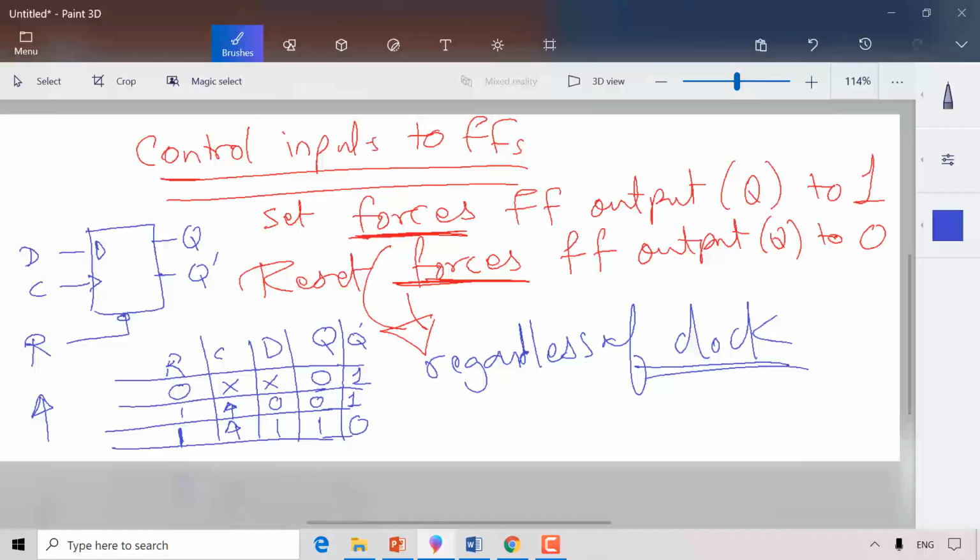So these are control inputs that can be reset or clear, and sometimes set, but most of the time they are active low reset. Well, that concludes my lecture for the sequential elements. Thank you very much.